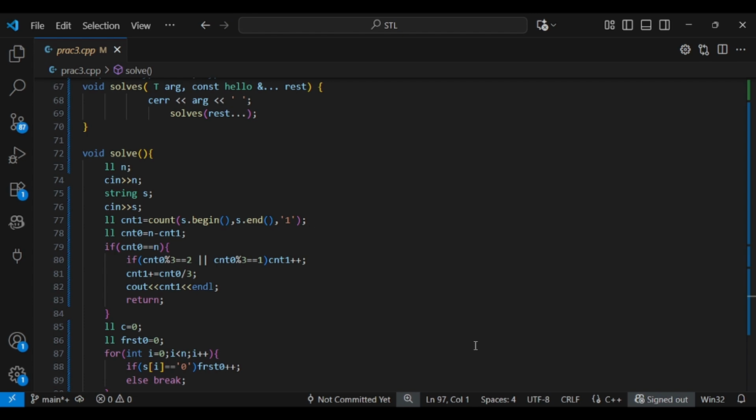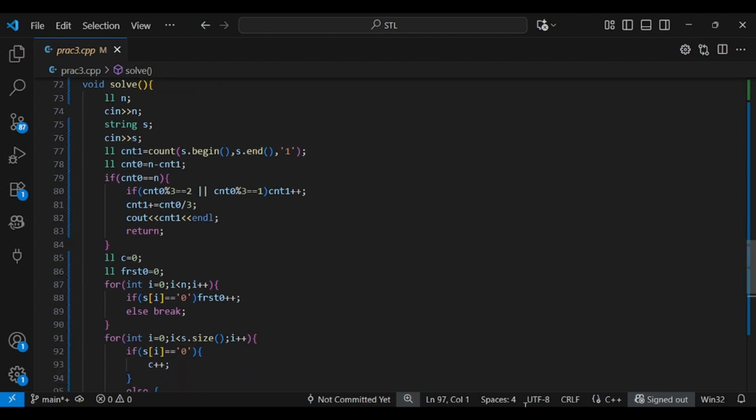So we increase the total number of students by the total number of zeros divided by 3, and if the total number of zeros modulus 3 is equal to 2 or 1, then we increase the total number of students. And we saw why we do this.